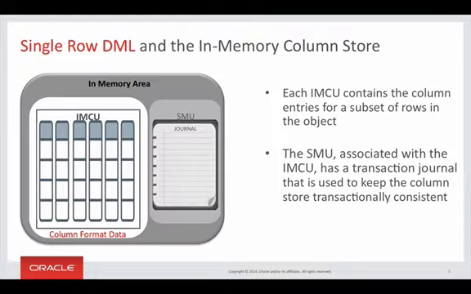So how does it work? Let's imagine we want to update one of the rows that exists in this IMCU. When that update is processed, it will still go through the buffer cache just as it did before, and it will be persisted on disk via the redo logs and the database writer out to the database files just as it used to be.